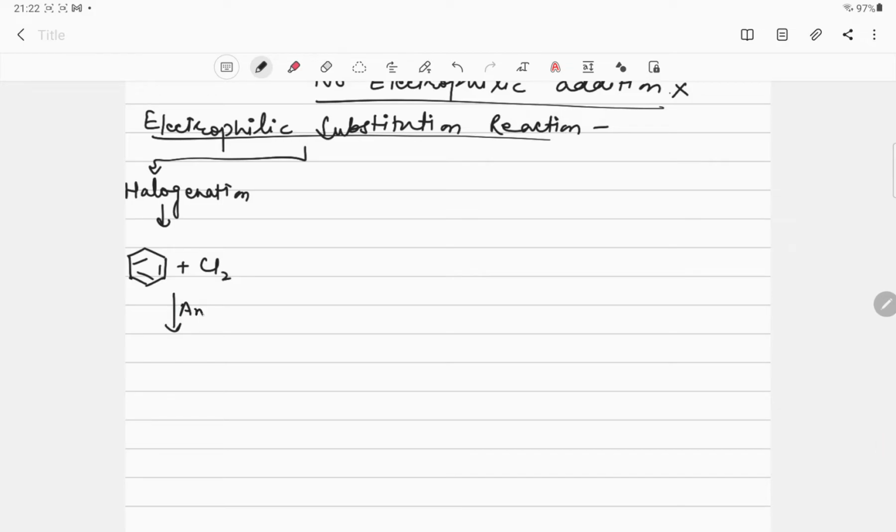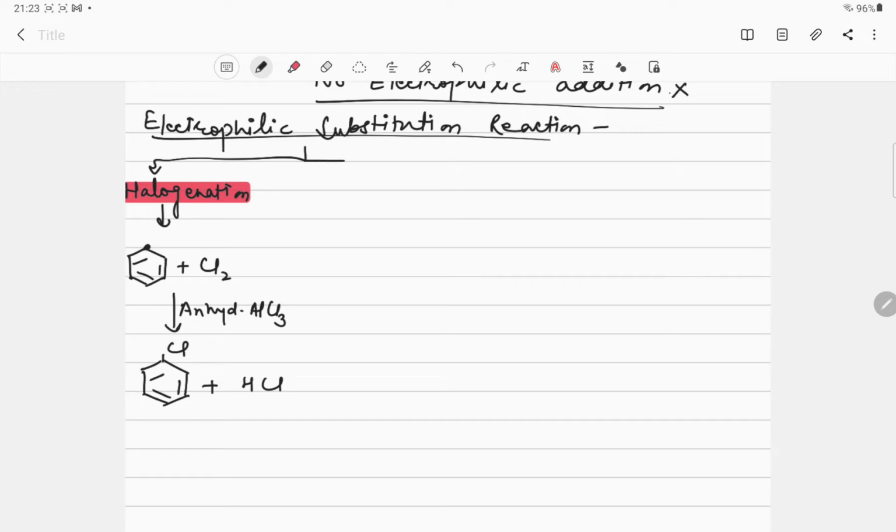The Lewis acid used may be anhydrous AlCl3, or if we are doing bromination, then it may be FeBr3, or it may be AlBr3, etc. So that is how the catalyst can be taken, and we will get chlorobenzene. One of the hydrogens is substituted by Cl, plus HCl. So this is one example of electrophilic substitution reaction.